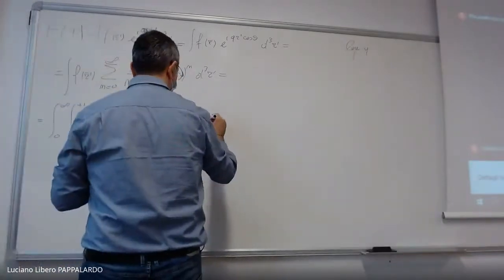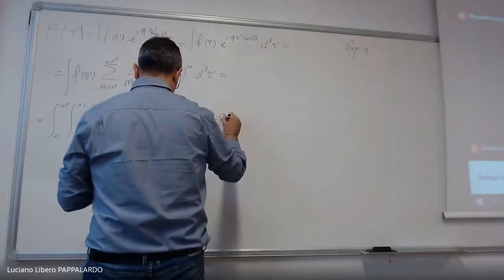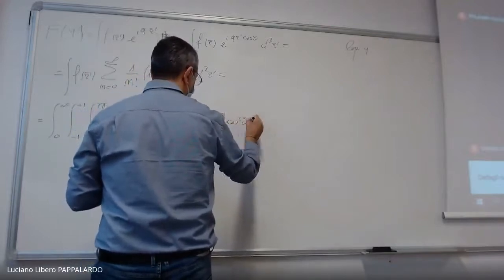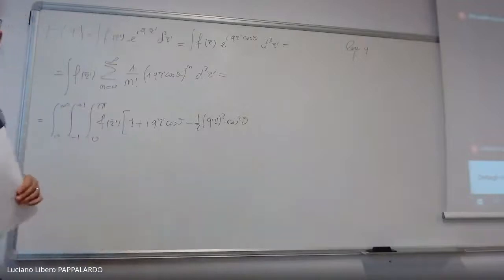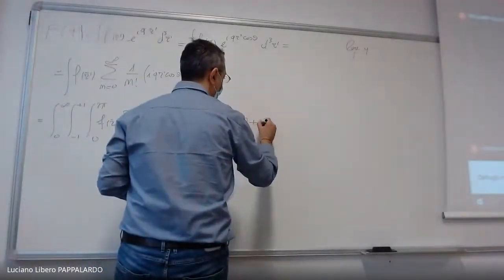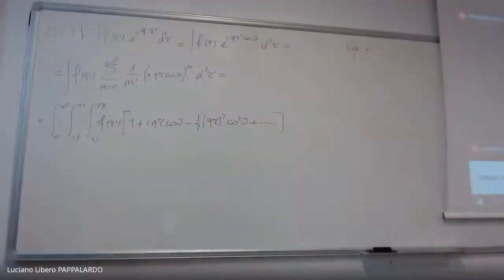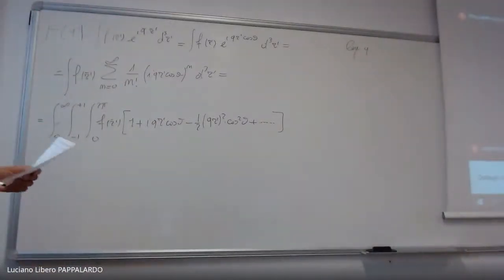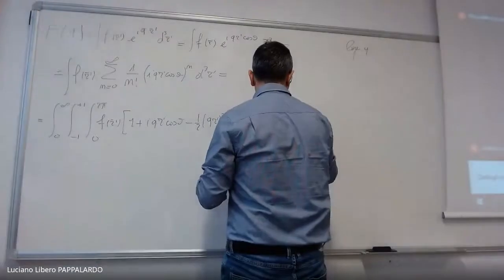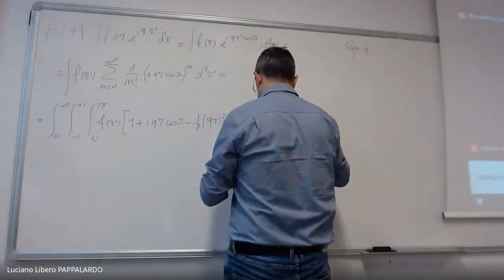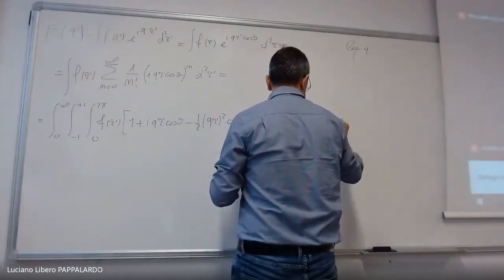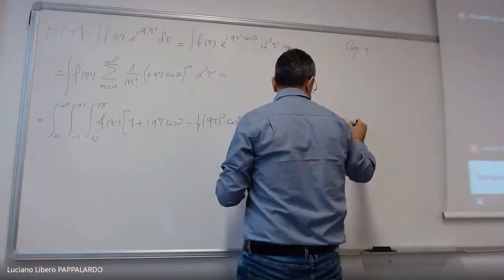And then we have Q squared r prime squared cos squared theta. And then we can go up to infinity, infinite terms. And now we have our integration variable, so it's d cos theta, r prime squared d r prime.